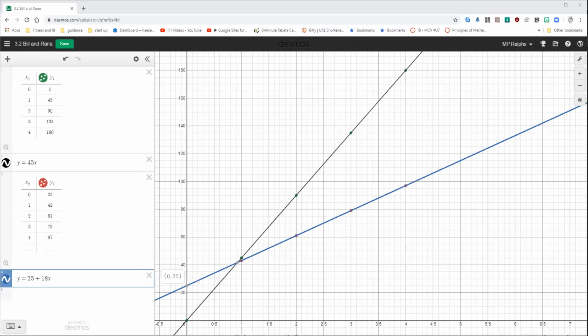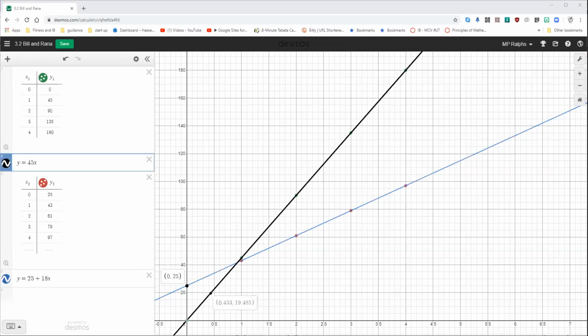Notice that for Bill's graph, we've got this (0, 25), which we notice is from the table of values. That's where the graph crosses the vertical axis. That's what we call the y-intercept. The graph crosses the vertical axis at (0, 25): 0 units horizontally and 25 units vertically, which corresponds with 0 hours worked and $25 charged.